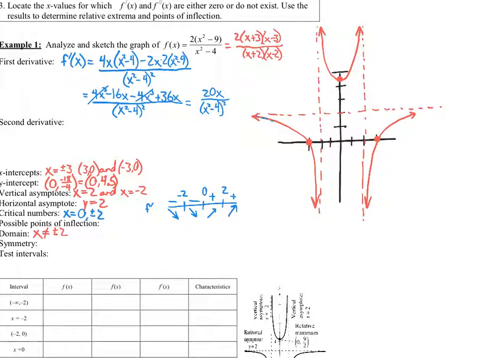We are decreasing from negative infinity up to negative 2. At negative 2, it's undefined. Once we get past negative 2 until we get to 0, it's decreasing again. So we are decreasing from negative infinity to negative 2, and also from negative 2 to 0. Do not just put negative infinity to 0 because it's not defined at negative 2.